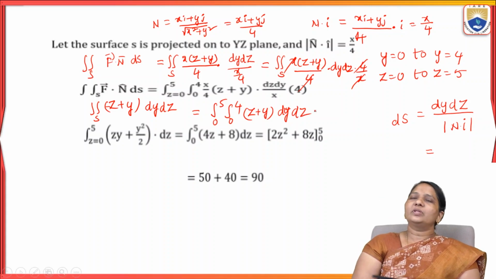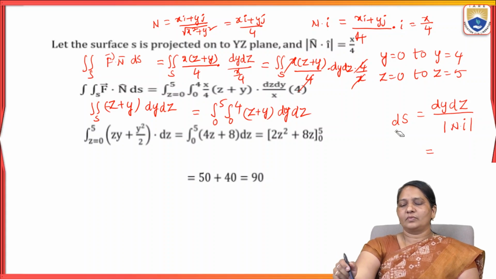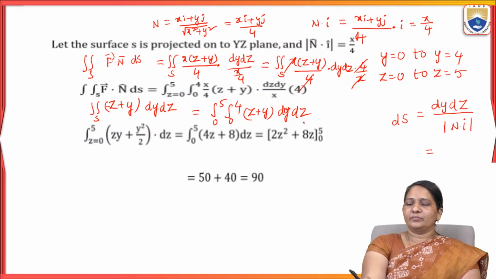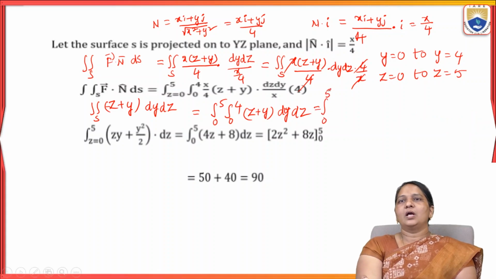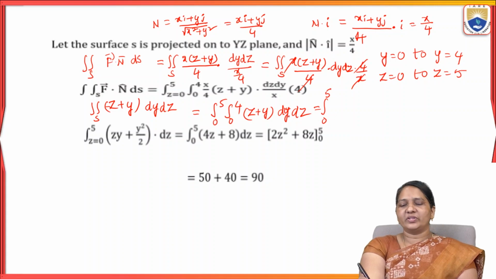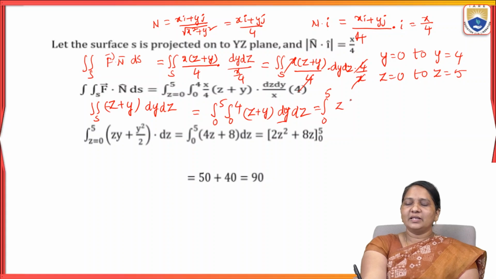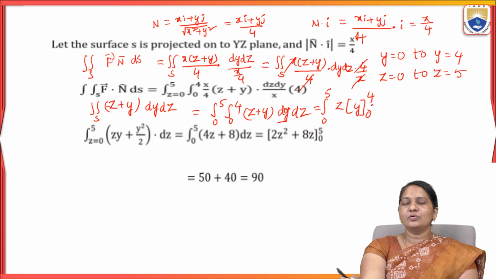Now we can follow the integration formulas to integrate the integral. So now I am doing integral 0 to 5. This one I am doing with respect to y first. So z is the constant, integral dy is y, limits are 0 to 4, plus integral y is y square by 2, limits 0 to 4, and dz.